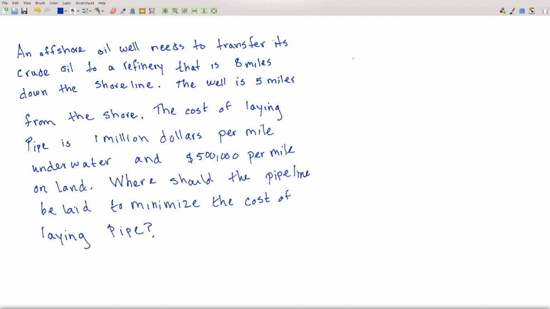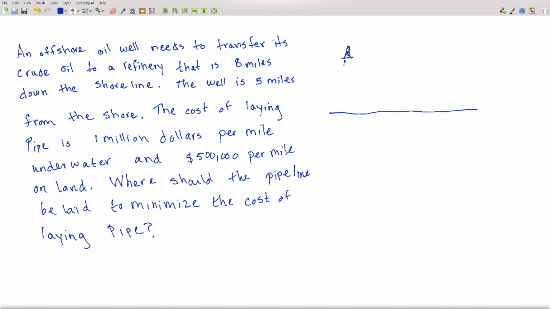So we have this offshore oil well. So we need to draw in a shoreline. Here's my shoreline. And then the oil well is out at sea. It's out here. I'm going to put this dot. This is my dot that represents this offshore oil well. Okay, there's my oil well.